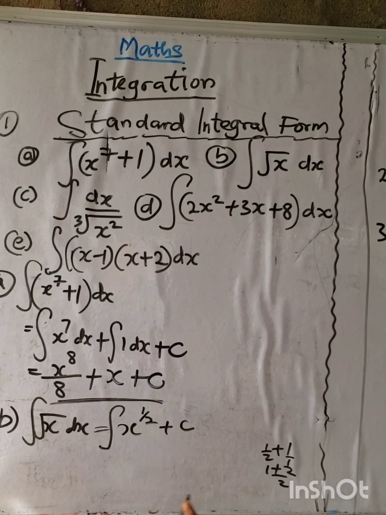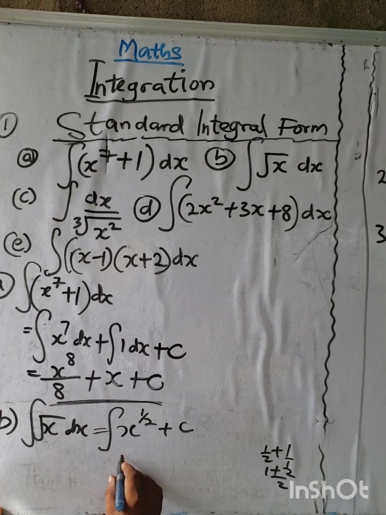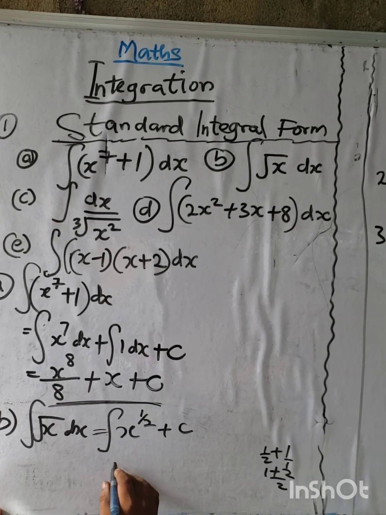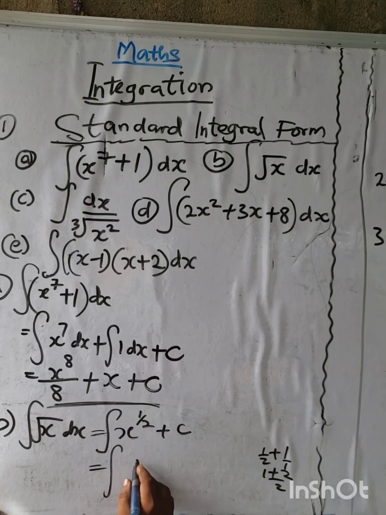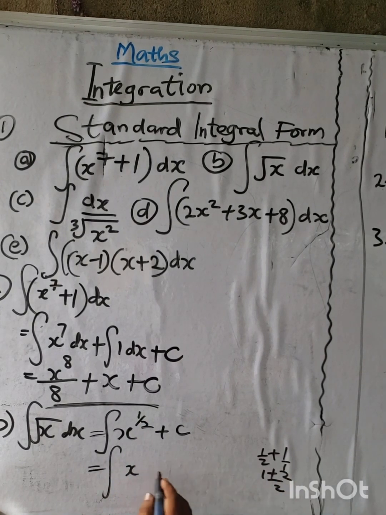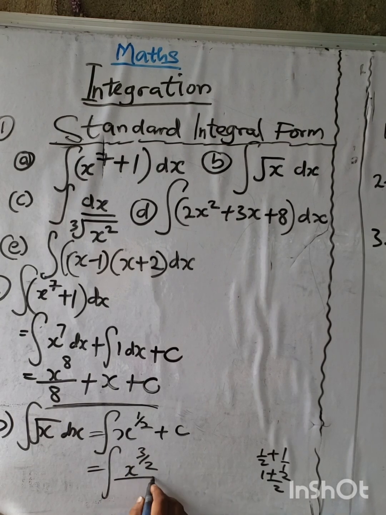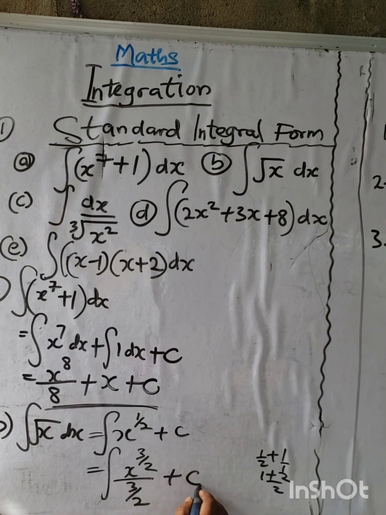That is, we are having integral. This will become s raised to power 3 all over 2 divided by 3 all over 2 plus c.